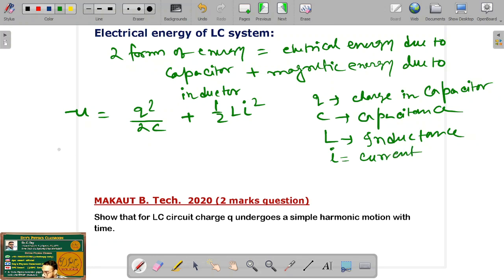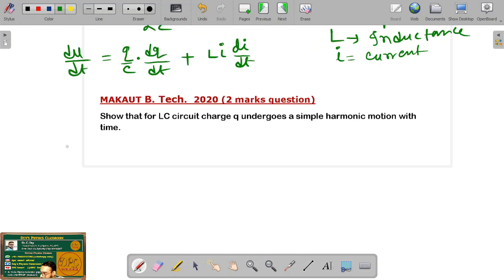So similarly, we will find out rate of change of total energy, that is dU/dt for this electrical system. So dU/dt would be Q by C into dq/dt plus L into I into dI/dt, or dU/dt which equals to 0 as U is constant.